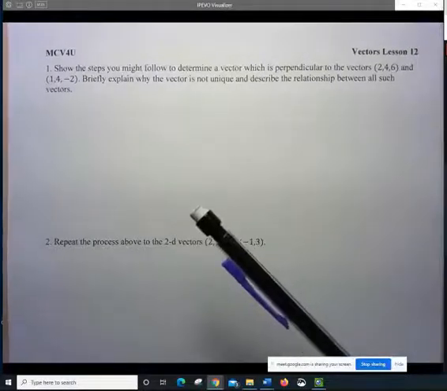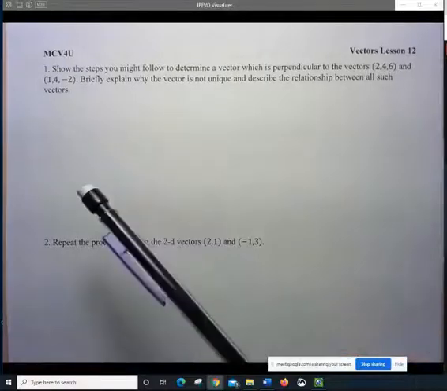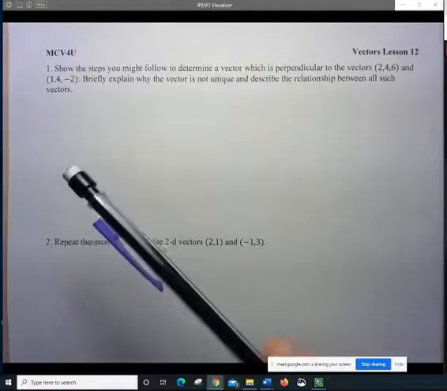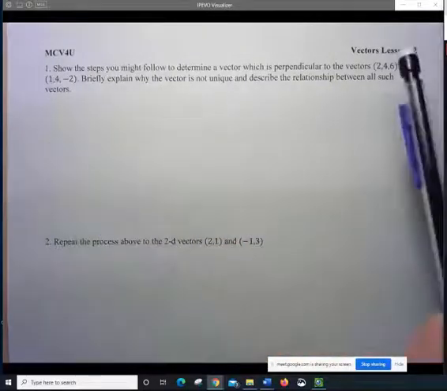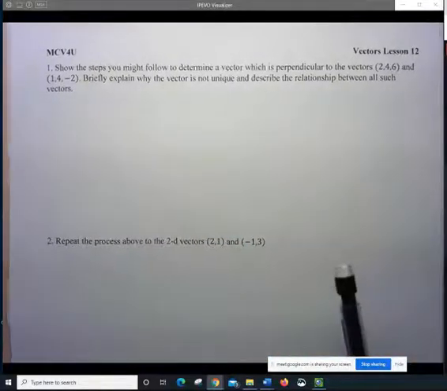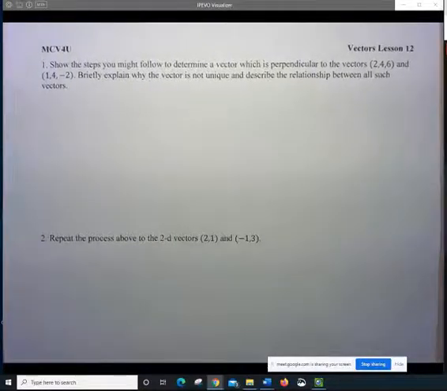If you can, that's great. But figure out a plan. How would you determine this vector x, y, z that is going to be perpendicular to both the vector 1, 4, -2 and to the vector 2, 4, 6? Just try to start that process. Think about how you would calculate such a vector. I'll give you a minute or two to think about it, and we'll come back.